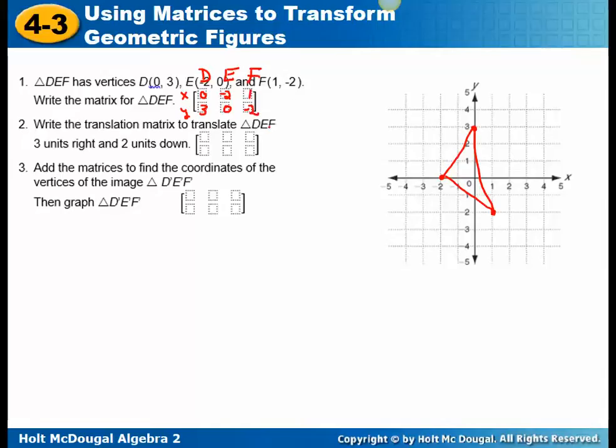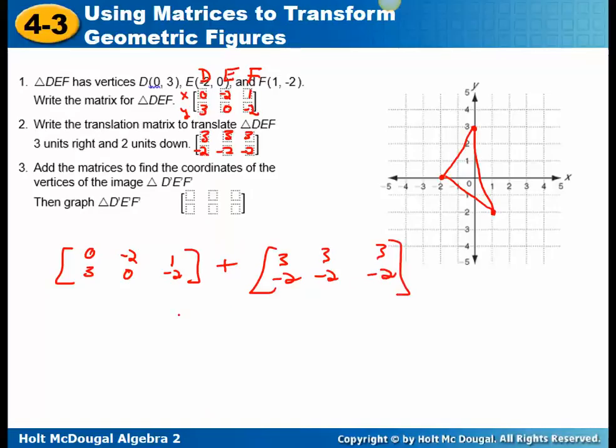Then the translation matrix, to move it 3 units right, we would put 3's and 2 units down, so that would be -2's. And then we add, so if you want, you can rewrite it, but you can probably add that without rewriting them. We are going to add these two together. And the answer will go here, and then you will graph that.